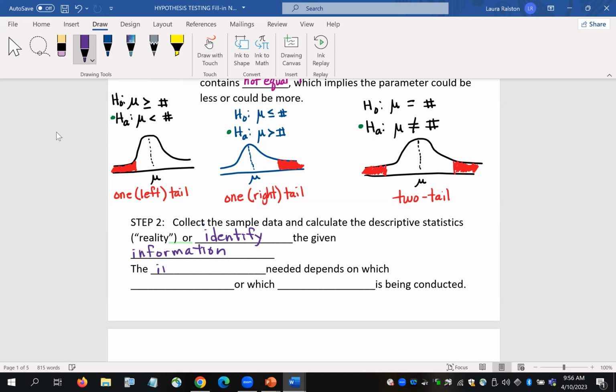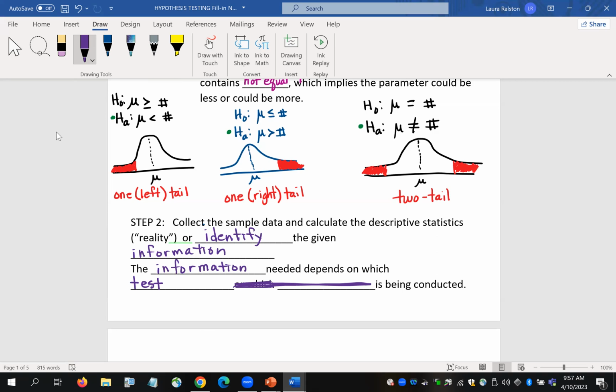Now, the information that you need depends on which test is going to be conducted. It depends upon what type of data you're going to deal with, and what type of information you've been given as to what information you're going to need. And that really is the third step.